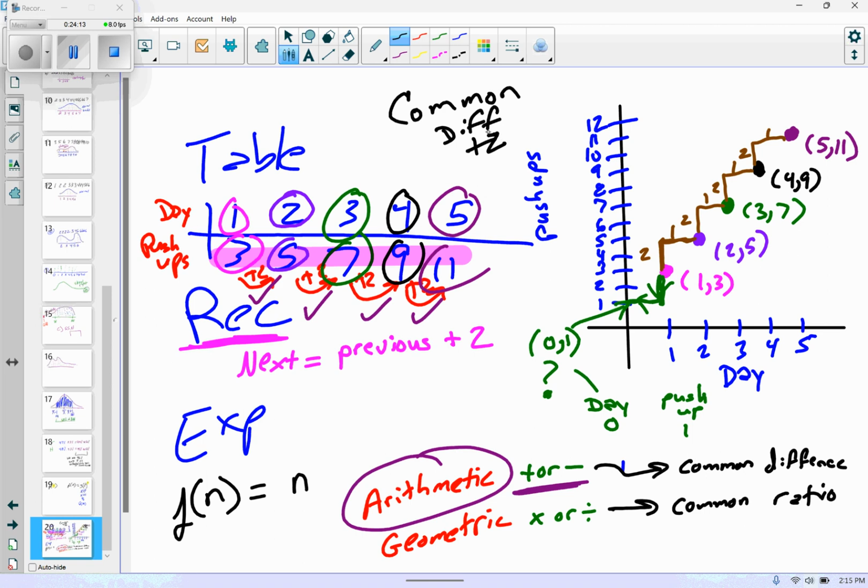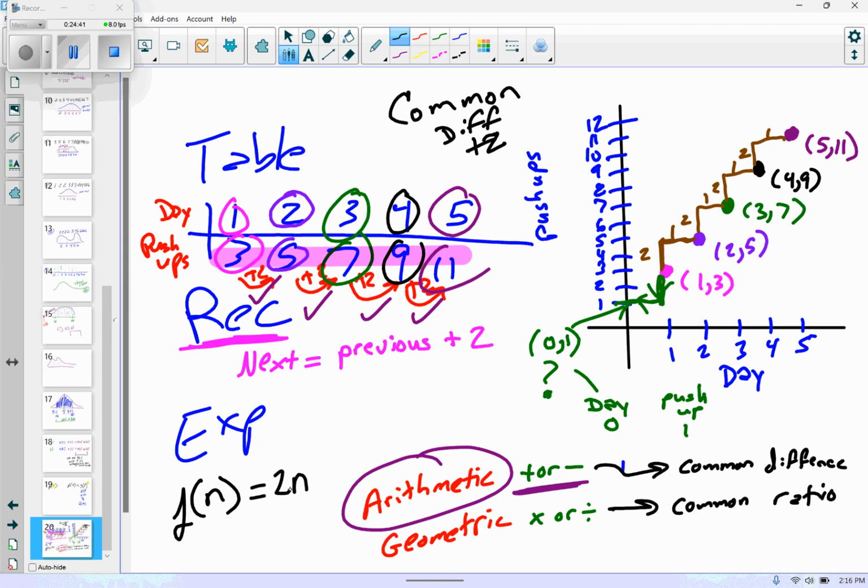Agree? So I'm going to put a 2 out in front just to see what happens. Let's take this equation, 2n, and plug 1 in. 2 times 1 is 2, and that's 3. 2 times 2 is 4, and that's 5. So that's not working. There's something else that has to happen here.